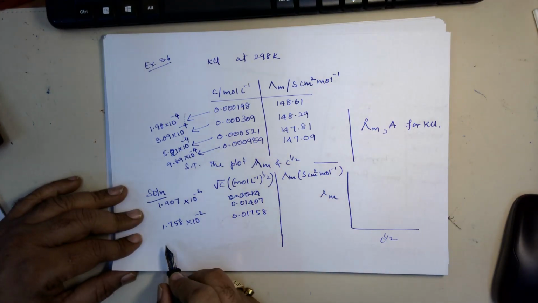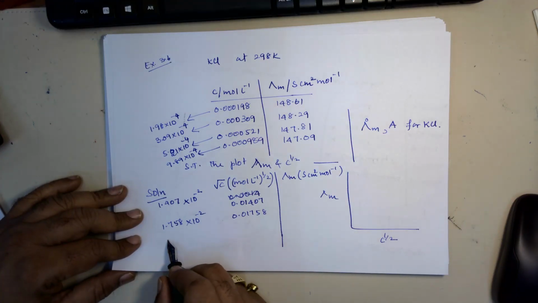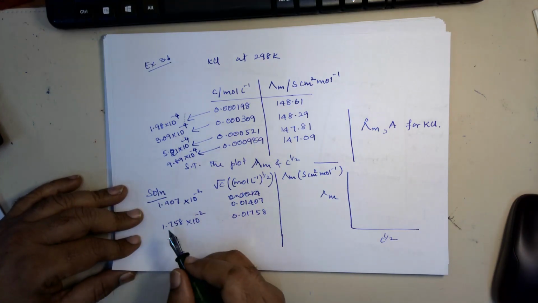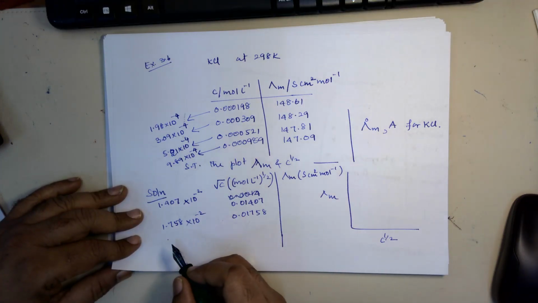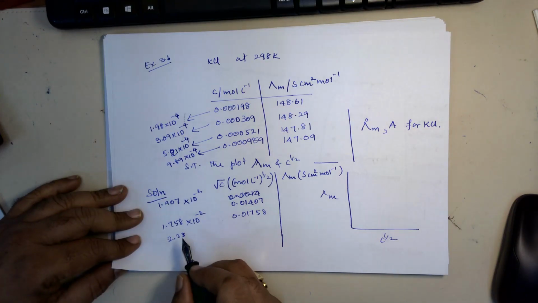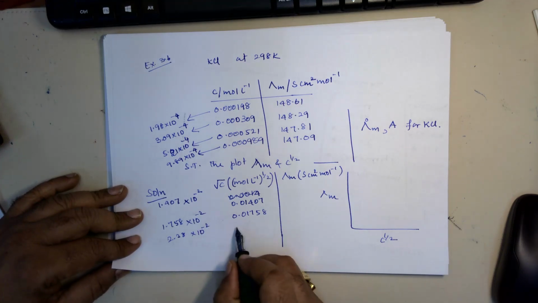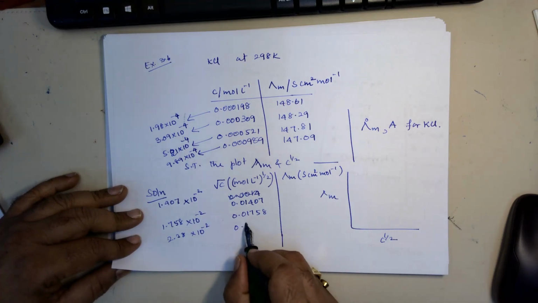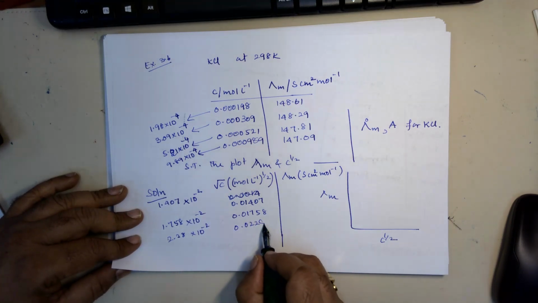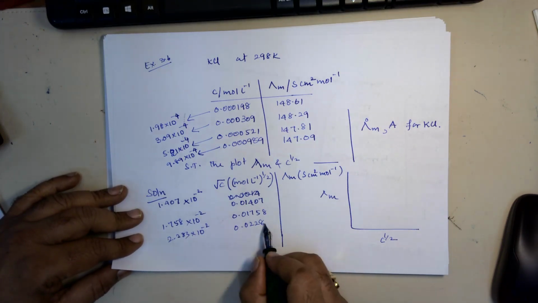Similarly, for the next value, 5.21. How much? 2.28 into 10 power minus 2. So it means 0.0228.